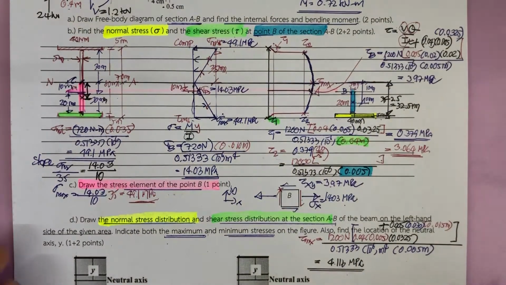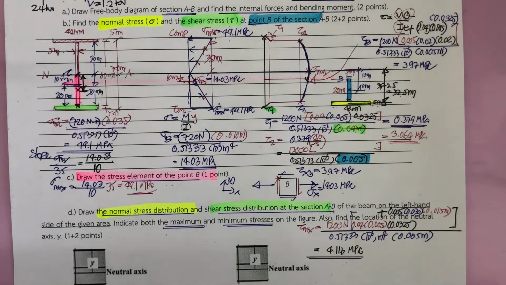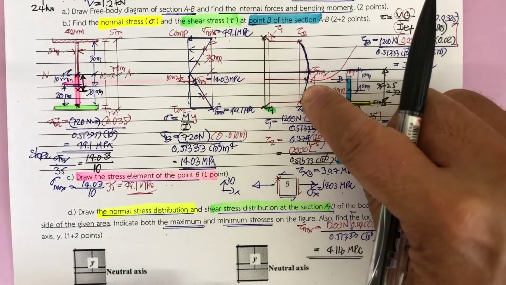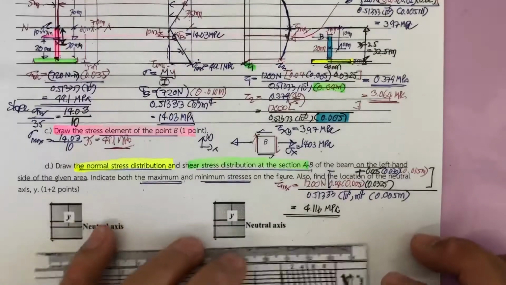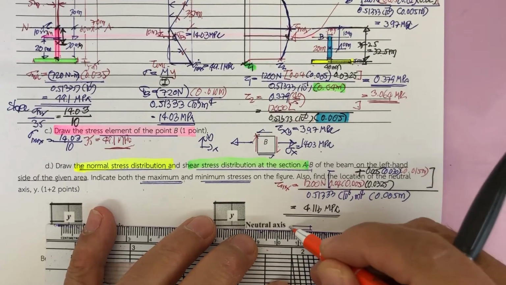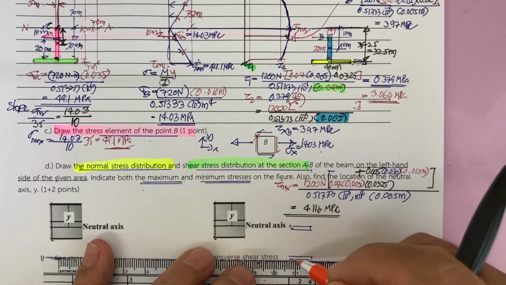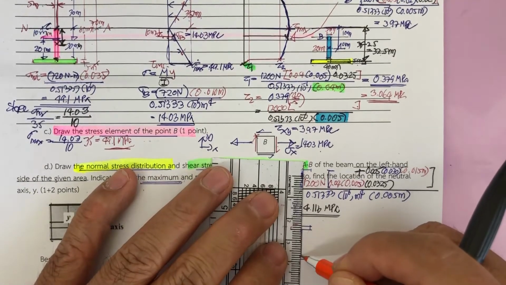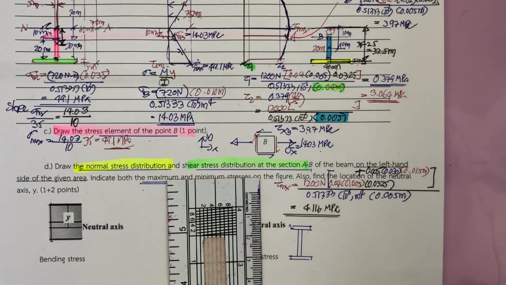Okay, I did draw the normal stress distribution and shear stress distribution into this. And if you may recall, sometimes for the maximum shear, they just ask us to approximately determine it from V divided by the area of the web.